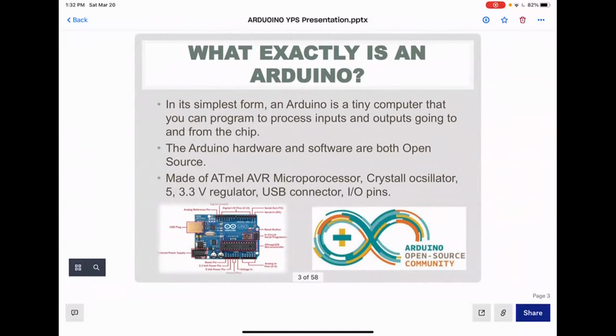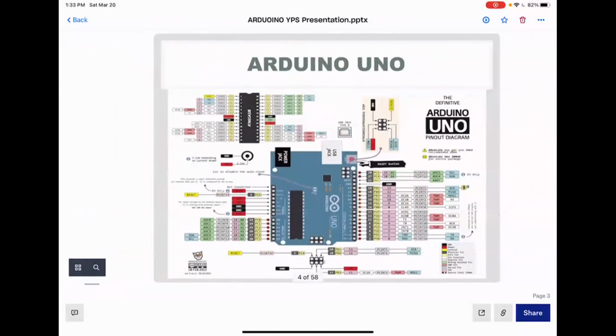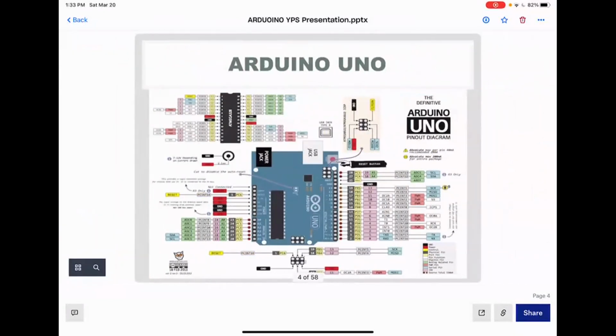So basically the heart of the Arduino is the microprocessor, oscillator, regulator, and the USB connector. The next slide shows all the pinout of the Arduino, but you don't really have to know every pin. You really just have to be aware that there are 14 digital pins, 0 to 13. Six of them are pulse width modulated, which I'm gonna explain later what that means.